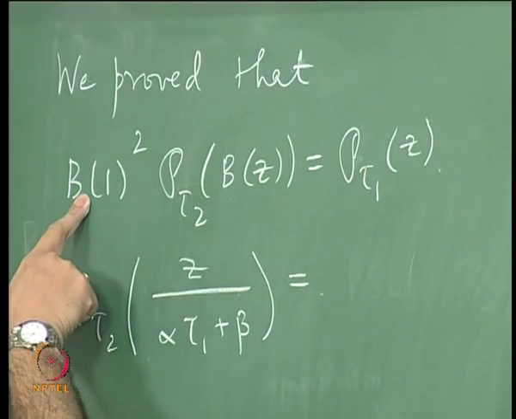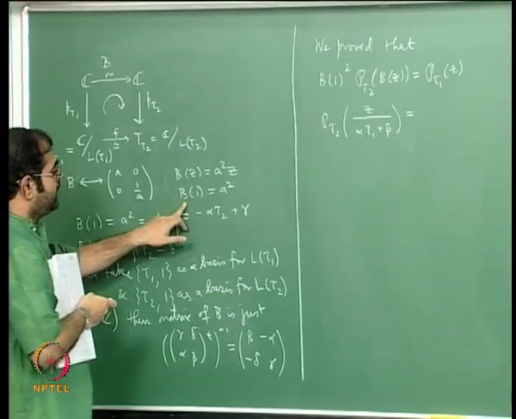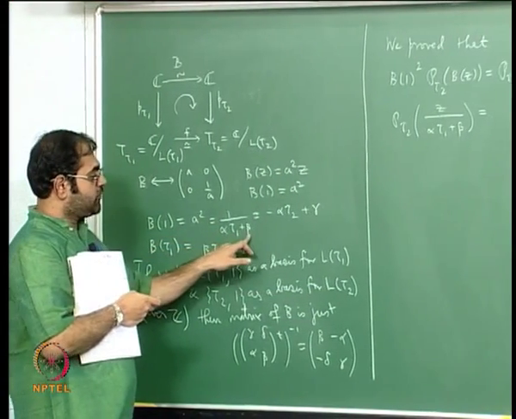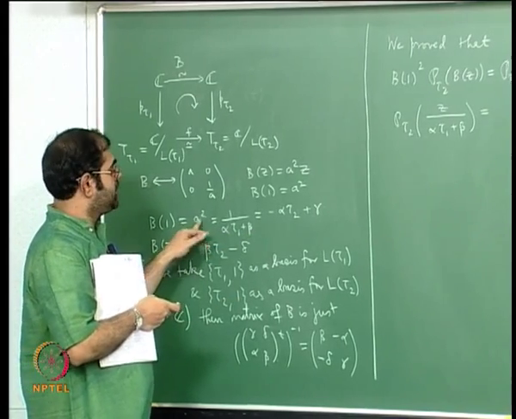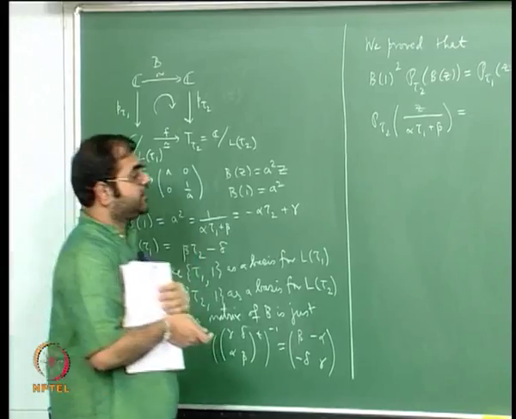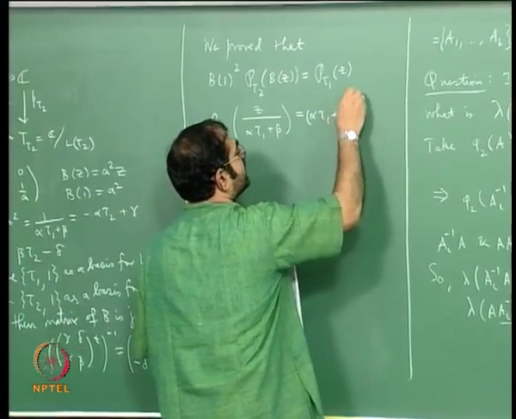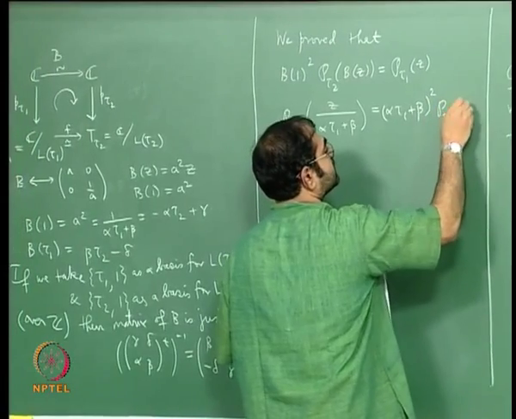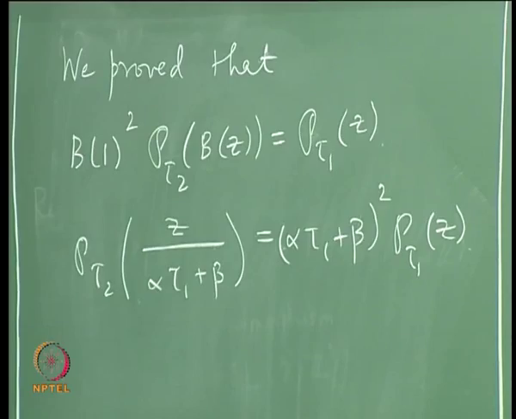I push this B of 1 whole squared to the denominator so that I get 1 by a squared, and that will be alpha tau 1 plus beta the whole squared. So here I will get alpha tau 1 plus beta the whole squared into p tau 1 of z. This is what I need to use.